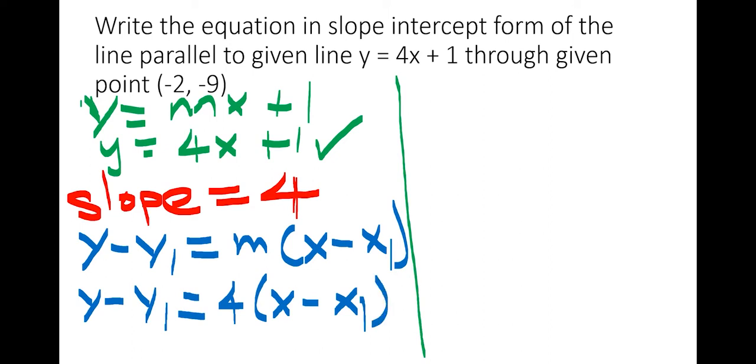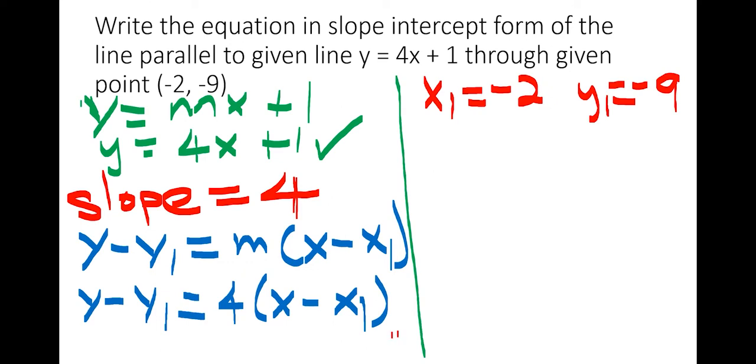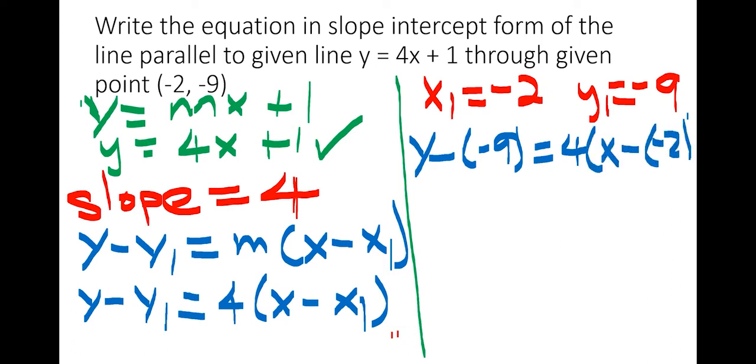Do we know our x1 and y1? x1 is negative 2. y1 is negative 9. So we plug this into the equation. We have y minus negative 9 equals 4 times x minus negative 2.